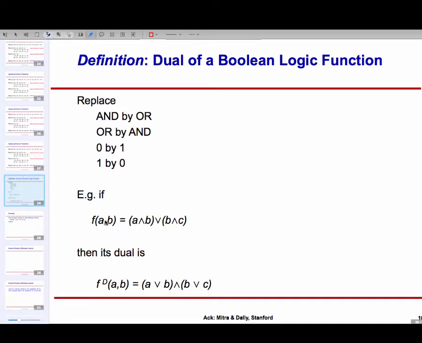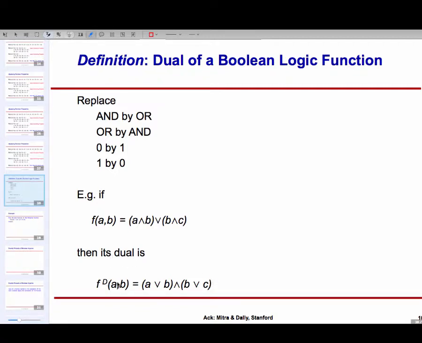So let's say I gave you f of A, B, C is A and B, or B and C. Then the dual of f, which we call f with a superscript D, is A or B, and B or C. See how this and has been replaced by the or, and the middle or has been replaced by the and? So B and C became B or C. I can take any arbitrary Boolean logic equation and then obtain its dual. So this is just a definition.